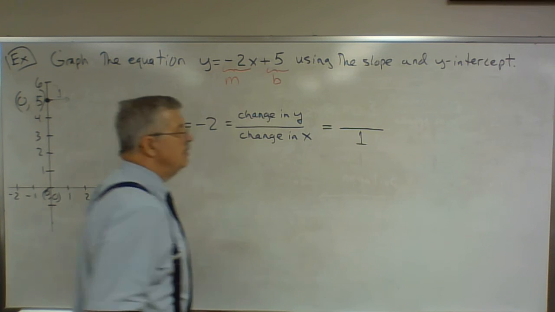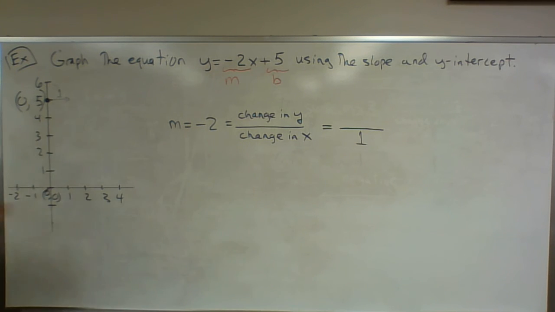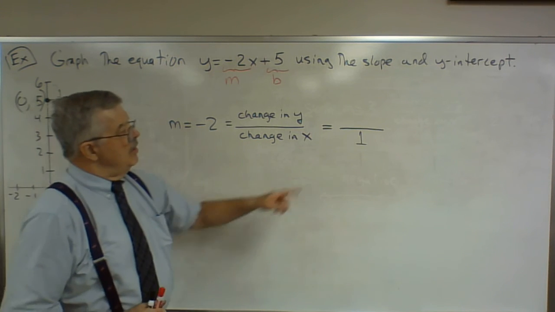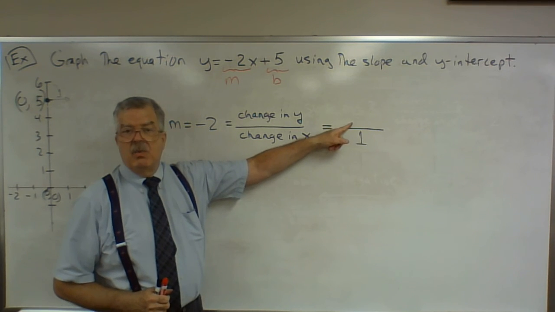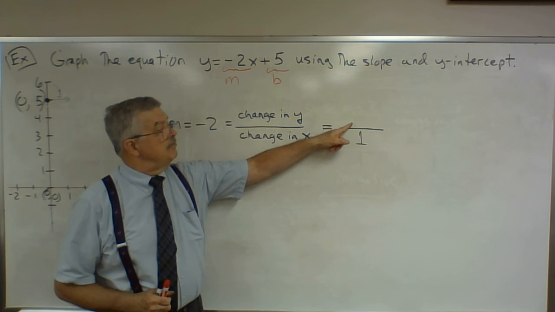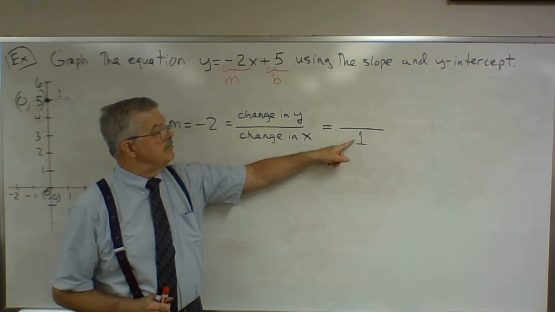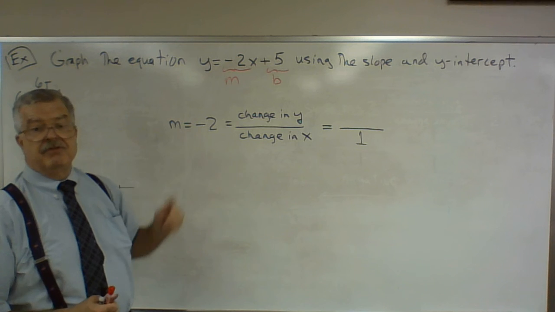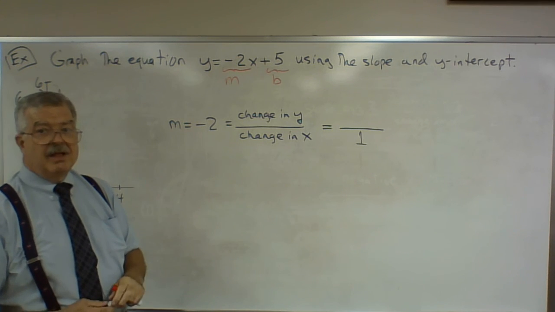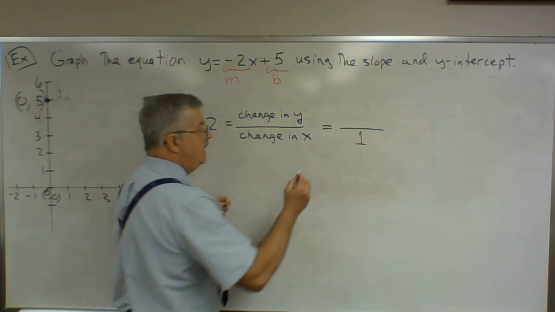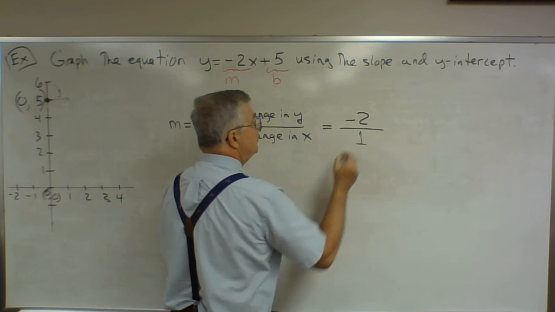And we decided somewhat arbitrarily to make the change in x 1 unit. We're going to start at x equals 0 and go 1 unit to the right. What does the change in y have to be so that the change in y over the change in x is -2? Doesn't the change in y have to be -2?